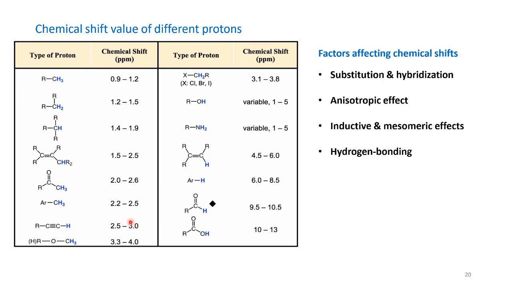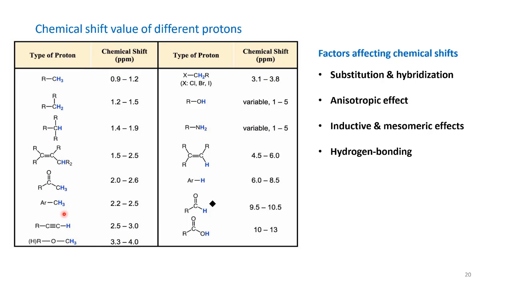We do not need to remember them by heart, but we should at least get an idea that if our sample contains an electronegative group, a triple bond or a double bond, then at what range it should come. We can always go back to the standard charts and refer to these shifts.